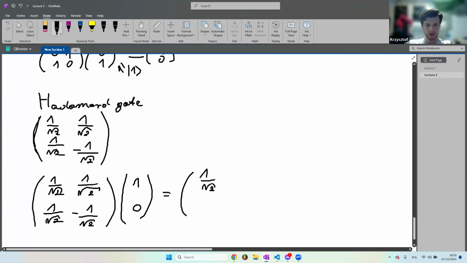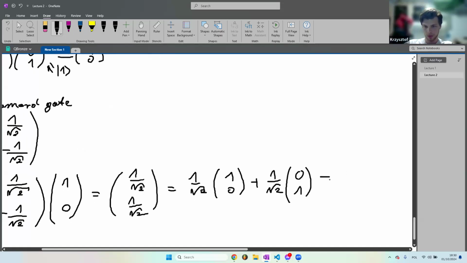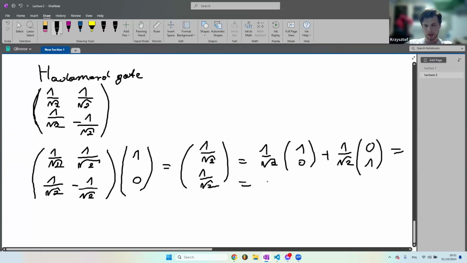And also here will be 1 over square root of 2. But we can also rewrite this as 1 over square root of 2 times (1, 0), plus 1 over square root of 2 times (0, 1), which is then equal to 1 over square root of 2 of the 0 vector plus 1 over square root of 2 of the 1 vector.